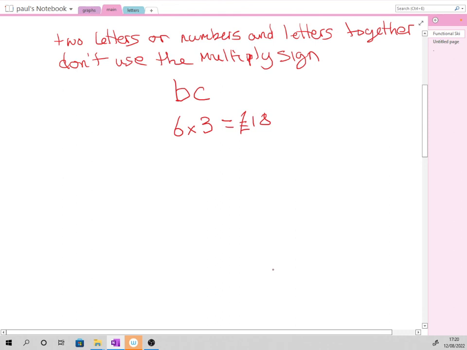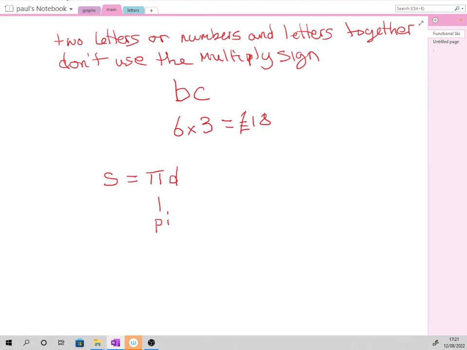Now, let's have a look at something. If we've got S equals pi, ooh, is that new? That's called pi, a Greek letter pi. Don't worry about what it is at the moment. It just looks like two little things with a hat on the top. I might as well make it the proper one, haven't I?